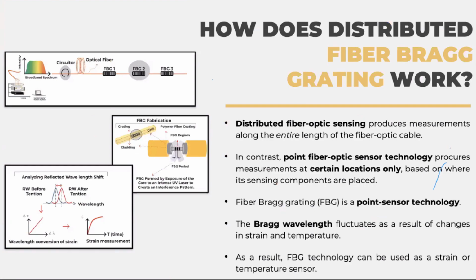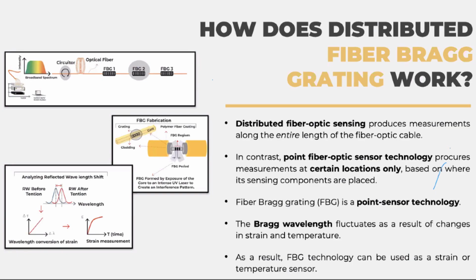This is about the FBG, or fiber Bragg grating technology. This is a point-based sensing technology, which is also widely used nowadays. This technology has its own advantages and disadvantages. One of the advantages is that it's very precise at point-based sensing, so we can decide where within the cable the exact points will be where we install the sensors.